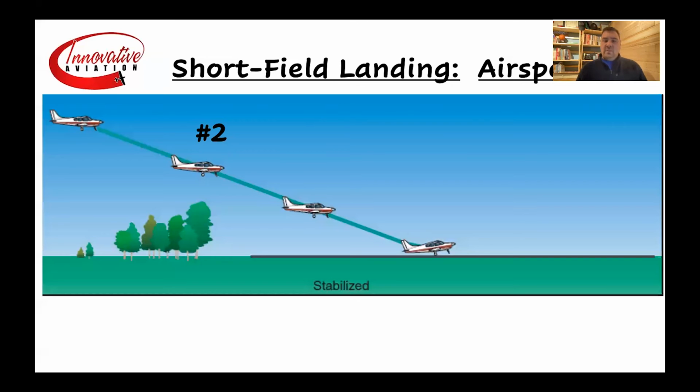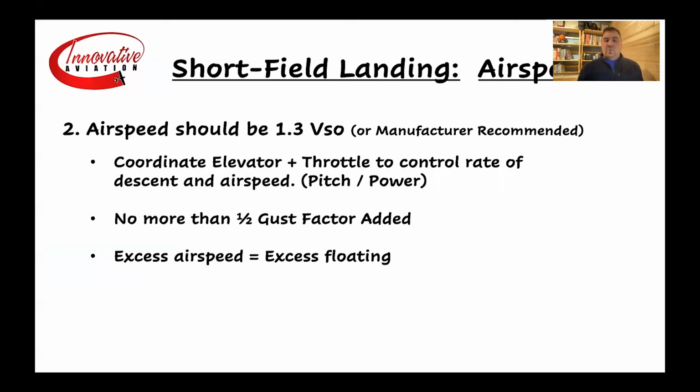So let's move ahead a little bit to our second phase of this approach. I want to talk a little bit about airspeed, because airspeed becomes really important in terms of the short field landing approach. So what we're looking for is an airspeed of VSO, the stalling speed of the aircraft. I like to say as a mnemonic, SO, stuff out.